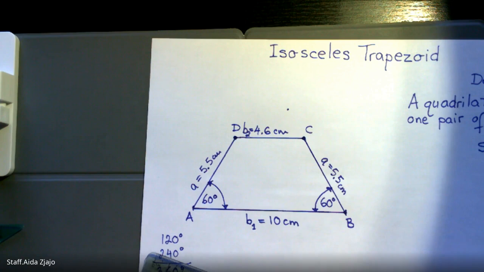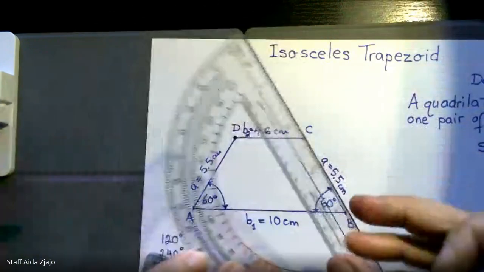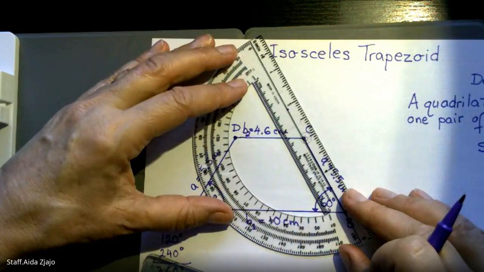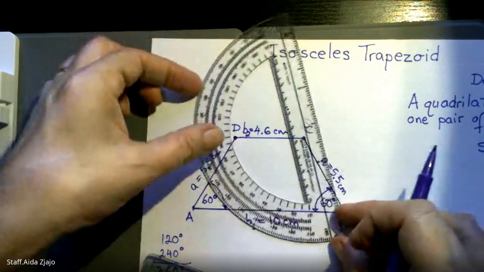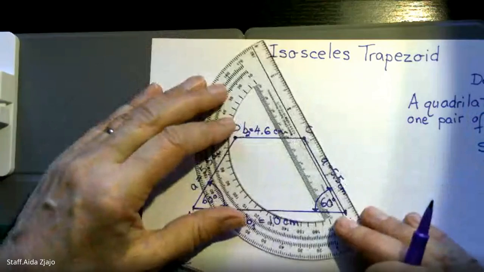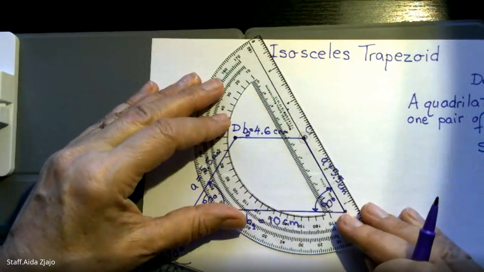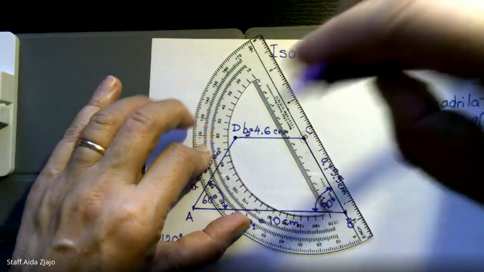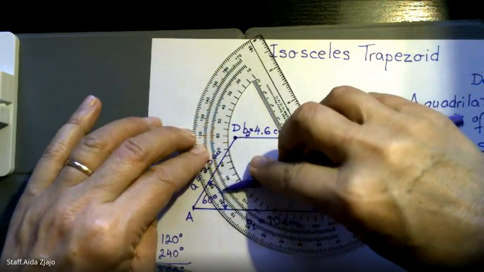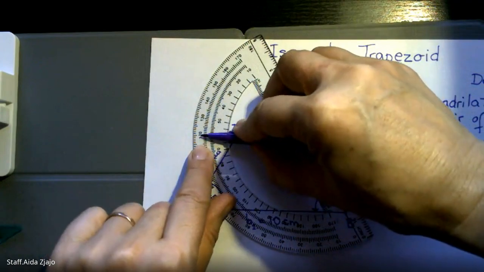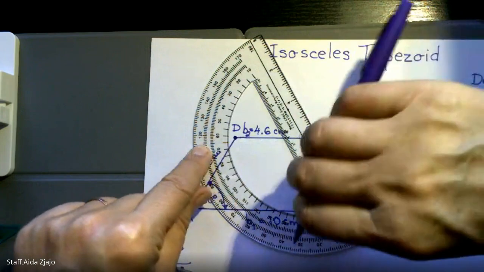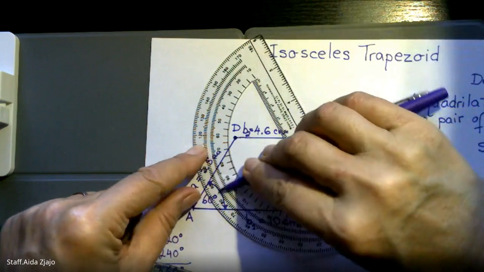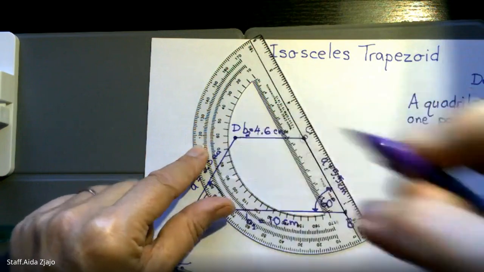Okay. Now I can check whether my calculation was correct. I can see that here I have this angle. It's going to be from the outside all the way to 120 degrees. From this point right here, all the way to 120 degrees.